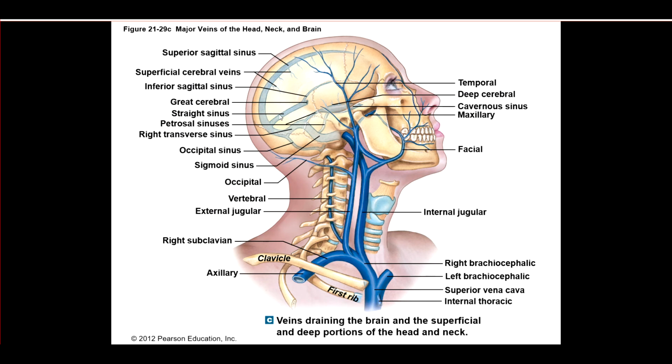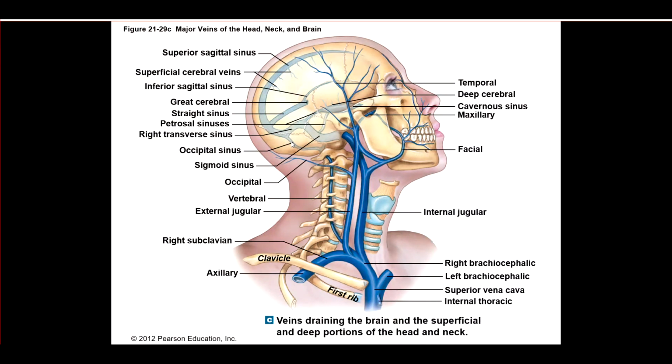These are kind of watermarked in there showing you that they're inside the brain, but there are sinuses known as the superior sagittal sinus. There's an inferior sagittal sinus. That would be right here. There's a straight sinus. There's a transverse sinus. All these big sinuses, occipital sinuses, are draining the inside of the brain and cerebrospinal fluid.